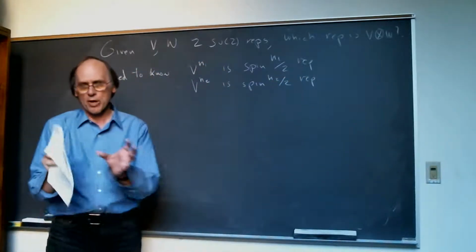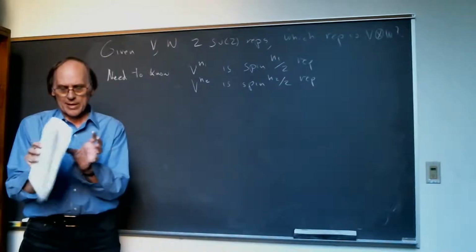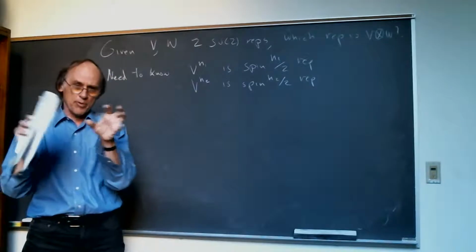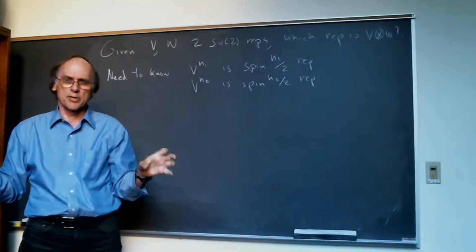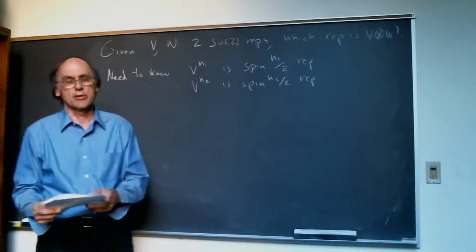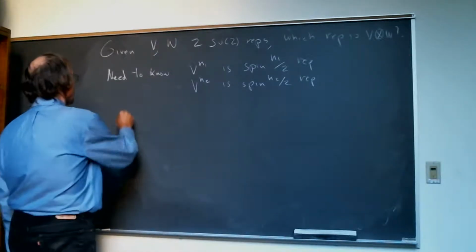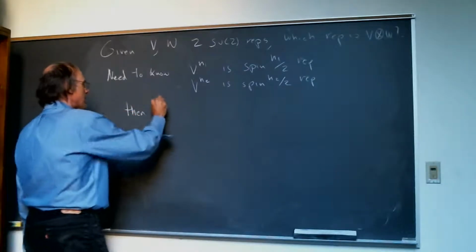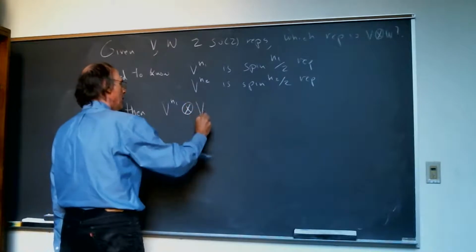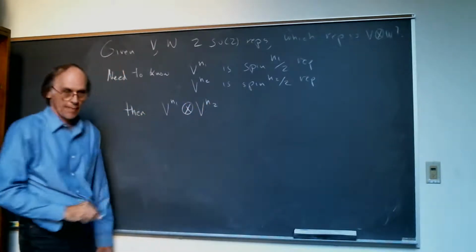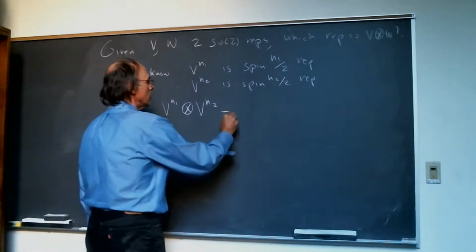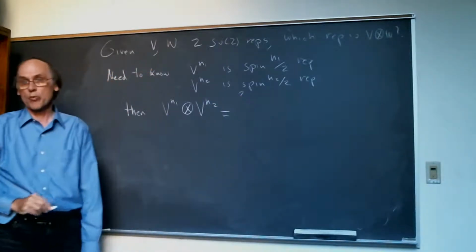In general, if I want to figure out what happens if I take the tensor product of two representations, I break both sides up into irreducibles, then I'm multiplying irreducibles, and I have to figure out what happens with those. So I have to figure out what V_n1 tensor V_n2 is. So the question is, what is this?